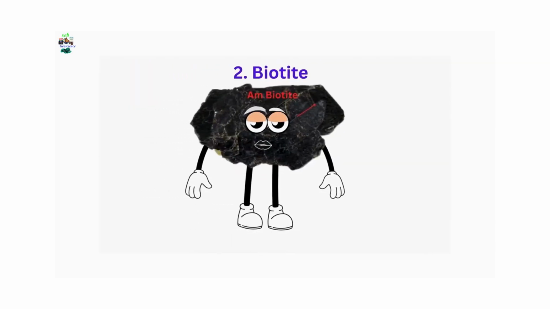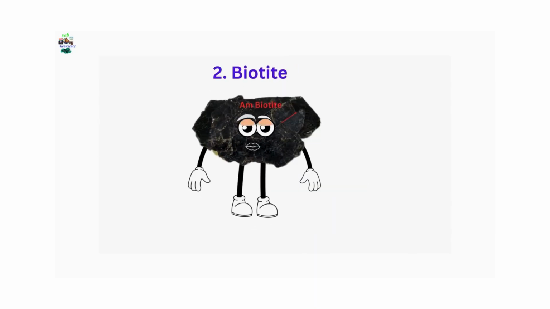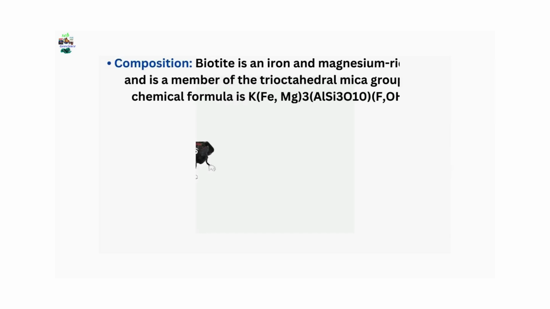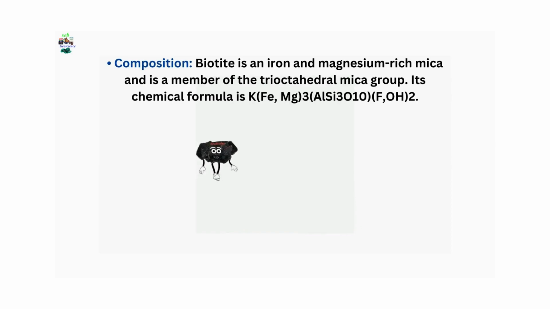The second and most important mineral in the mica group is biotite. Its composition is most of the time ferromagnesian, related to what? Like pyroxene and amphibole. This mineral, biotite, is formed at high temperature relative to what?